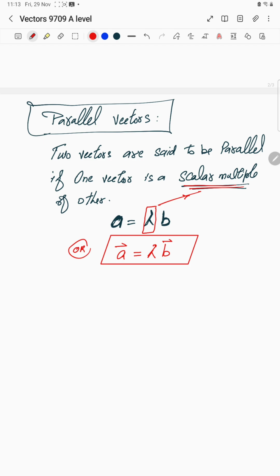So two vectors are said to be parallel when they are scalar multiples of each other.